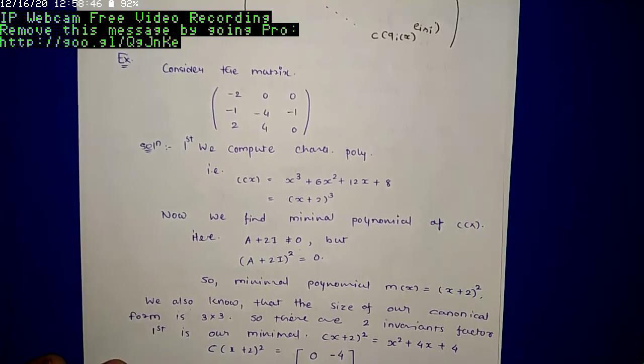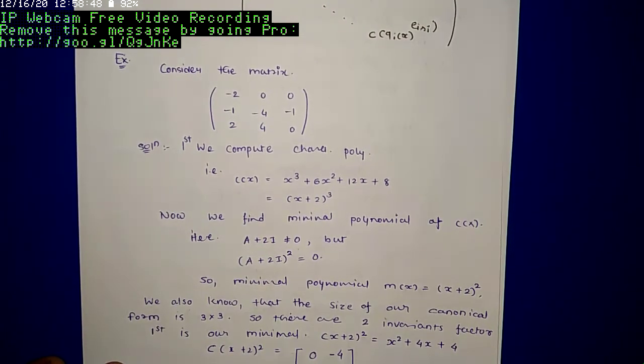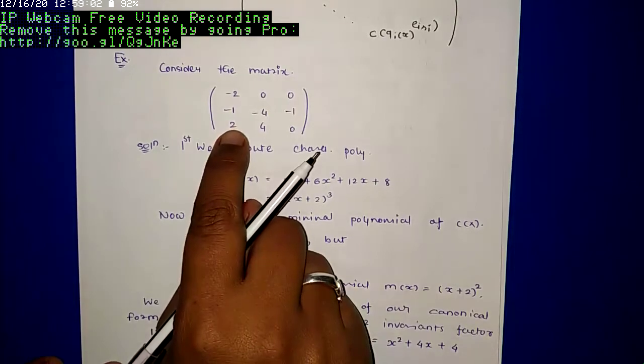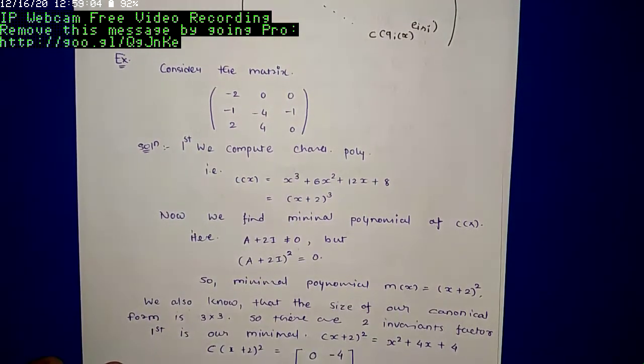For that we need to know the characteristic polynomial of this matrix, because if the characteristic polynomial is not irreducible, then we go towards the Jordan canonical form. I know you are all very aware of how to find a characteristic polynomial, so I didn't consider that here.